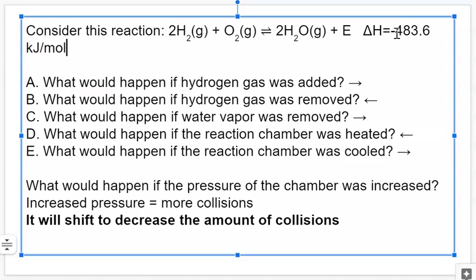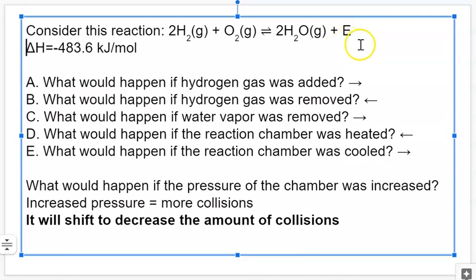Whereas in an exothermic reaction, heat is kind of like a product because heat is being produced as a result of the reaction. So I added a little E here to represent the energy being released because it is an exothermic reaction. So we can treat the energy or the heat as if it was a product.